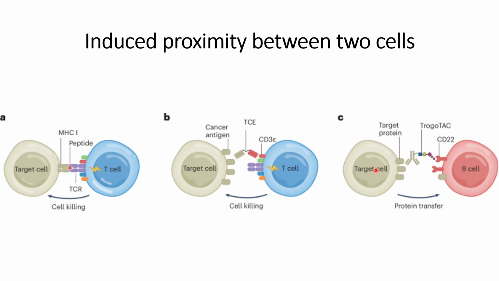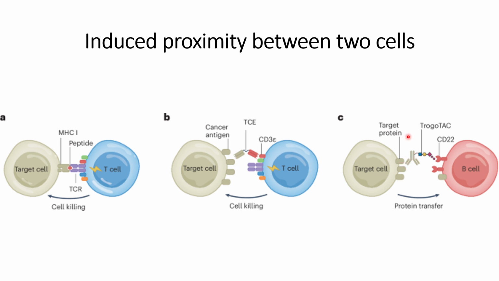The third case takes advantage of trogocytosis. Trogocytosis means that when two cells are close in proximity to each other, it causes the exchange of the intercellular membranes, and this has also been observed in cancer cells.